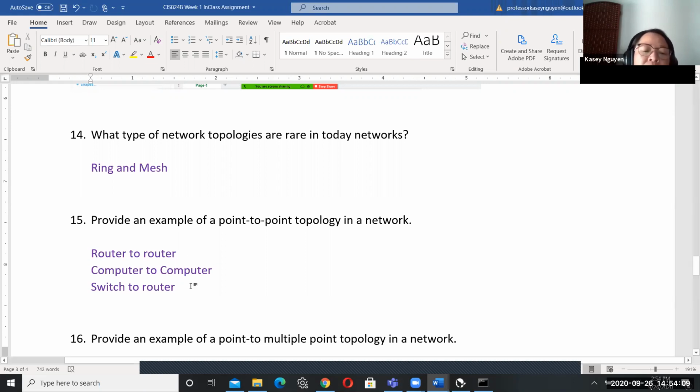In your own network, you can have it different. Those are some examples of a point-to-point topology: a router to a router, a computer to a computer. So when you transfer your data from your phone to your computer next time, think that it is a point to point, right? A point to point.